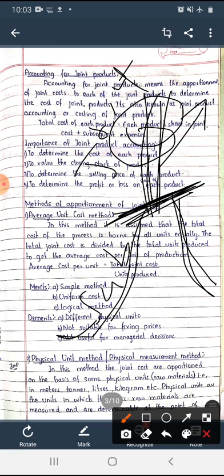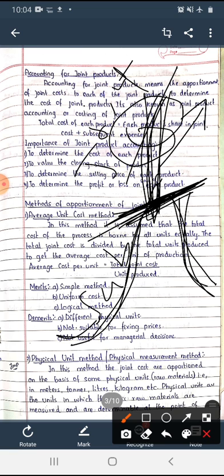Joint cost refers to the total cost incurred in a process up to the point of separation or split off point, when the products get separated. After the separation point the cost incurred is the subsequent cost.